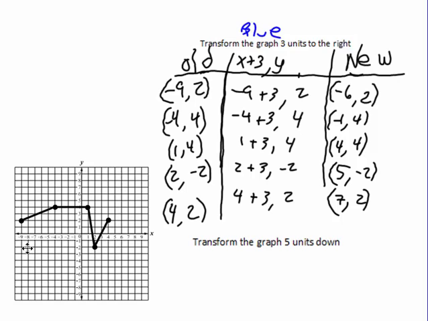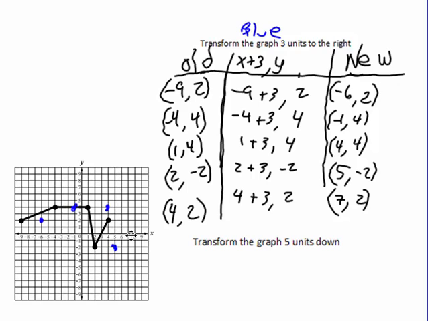Okay, so my new points are -6, 2, a point there. -1, 4, I got a point there. 4 and 4, a point there. 5, -2, a point there.